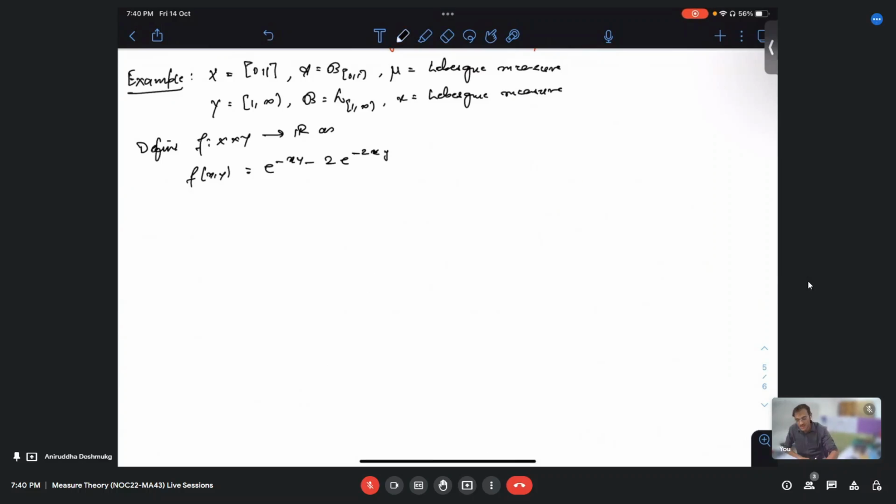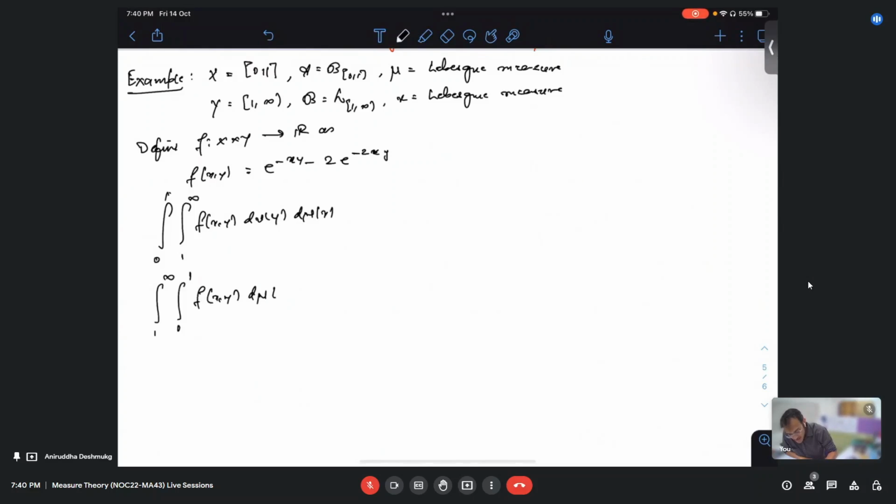If I just ask someone to integrate this, the integral from 0 to 1 and 1 to infinity of f of xy d mu y d mu x, or the integral from 1 to infinity, 0 to 1 of f of xy d mu x d mu y, then they are quite difficult to handle directly.